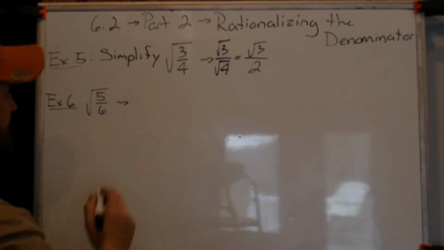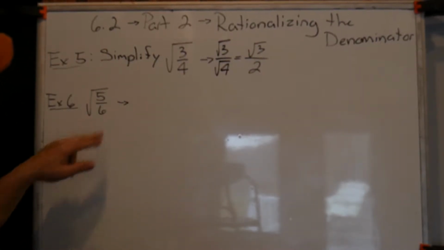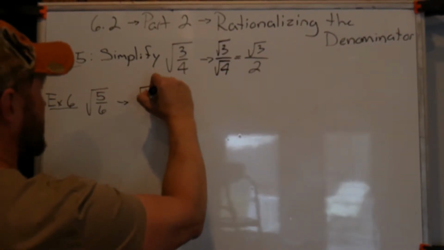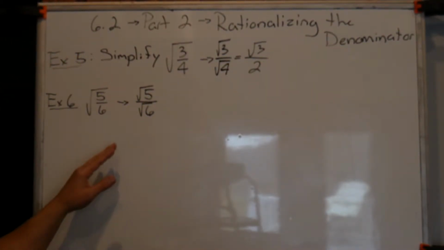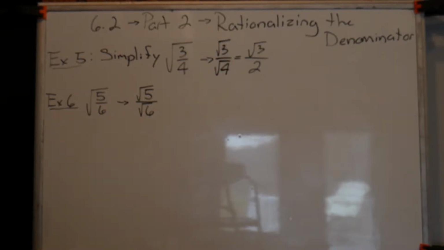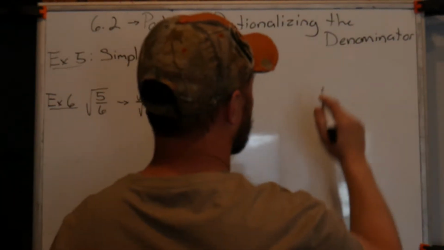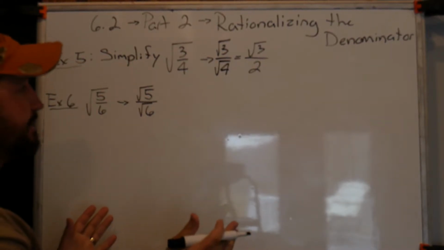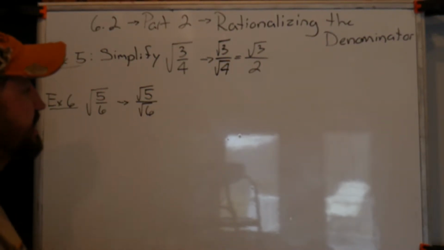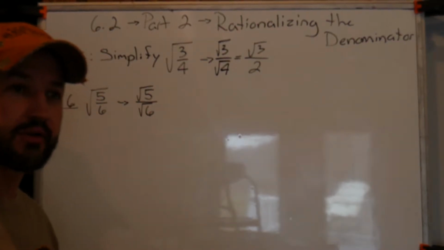Now, here they give us a number that isn't a perfect square. We can still view it this way, but the idea is how do we get 6? Well, when we have the square root of any number, if we want to get just the number, then we multiply by the square root.